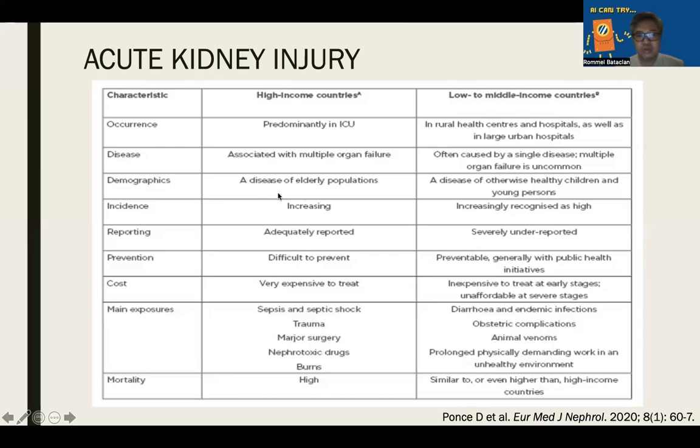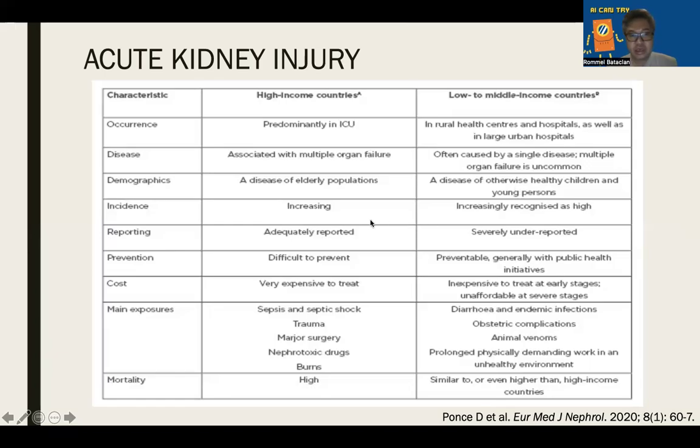Acute kidney injury is more common in the elderly, but in our setting, there's a significant percentage of healthy children and young people. So, for example, in leptospirosis and other infections, the younger age group are affected and can develop a complication of acute kidney injury.